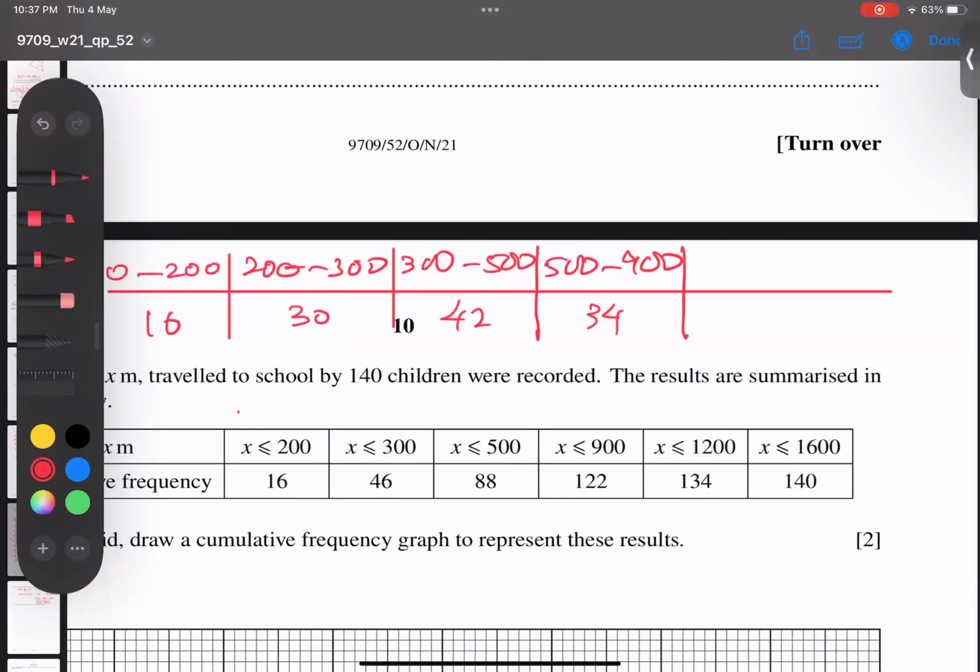Okay, second last and then last. 900 till 1200: 134 minus 122 is 12. Now 1200 till 1600, and this subtract, you got a simple 6.